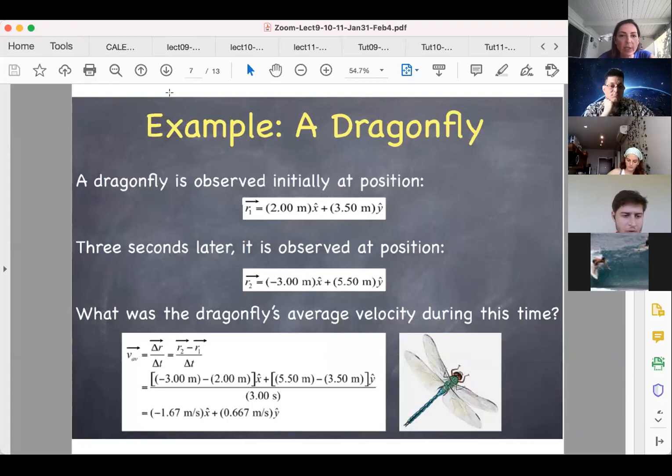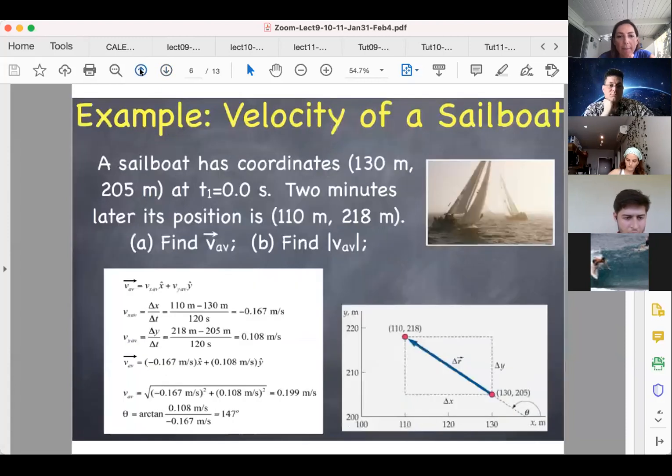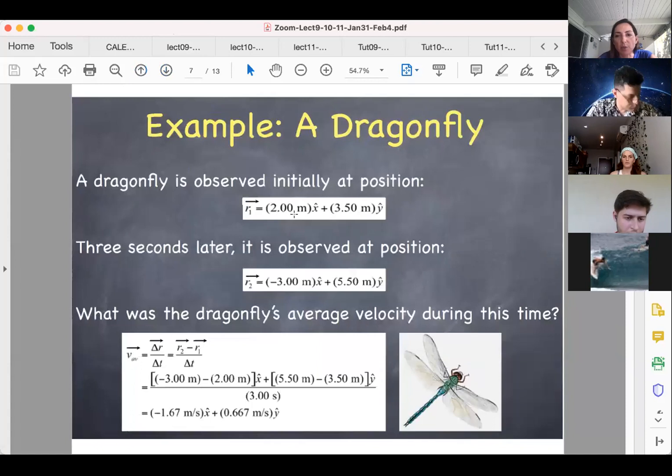So here you see, we didn't make the sketch, but if it helps you, you always can make the sketch. So again, make the drawing with the initial position and with the final position. So what was the dragonfly average velocity during this time?